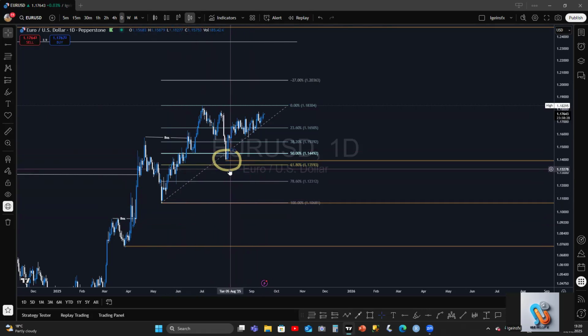So right now, with this application of the Fibonacci retracement tool, we can see that it's obvious price has already pulled back into a discount level. So it's a good price for you to buy from here, as price is gradually making its way to the upside.